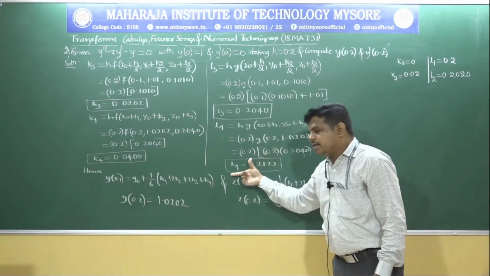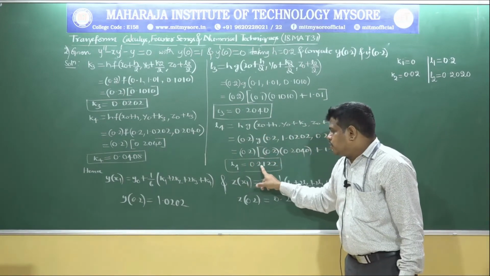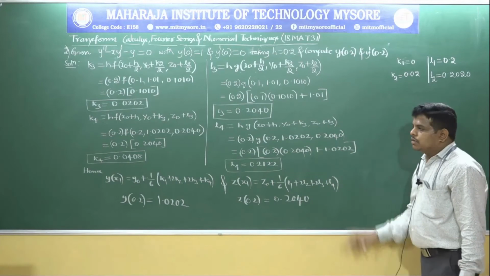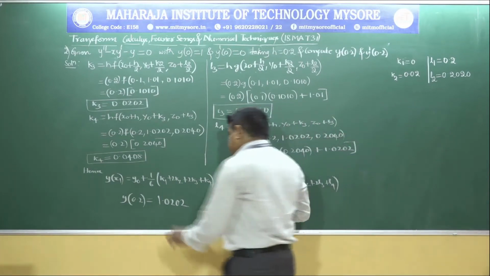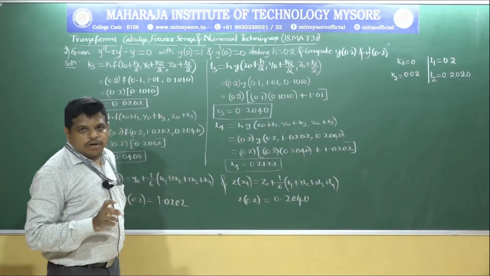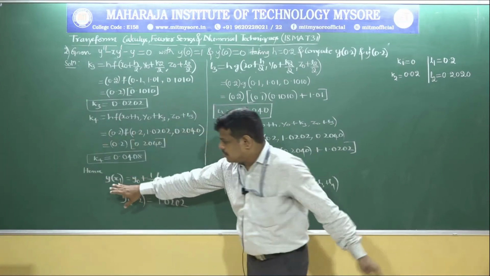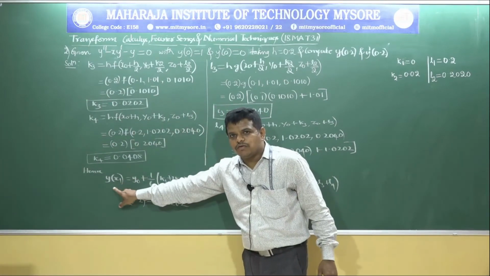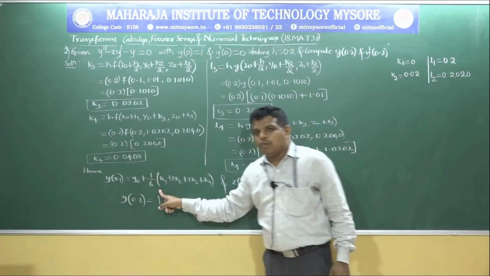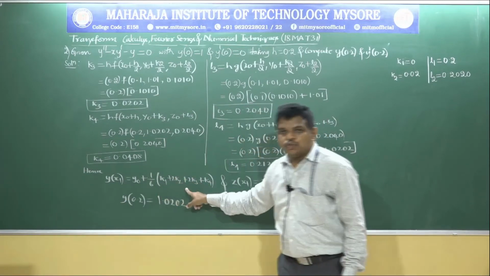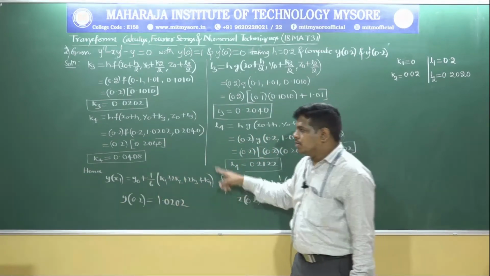Next, on simplifying this, we end up with L4 as 0.2122. Next, by Runge-Kutta method of fourth order, we have y of x1 equals y naught plus 1 by 6 into k1 plus 2k2 plus 2k3 plus k4.